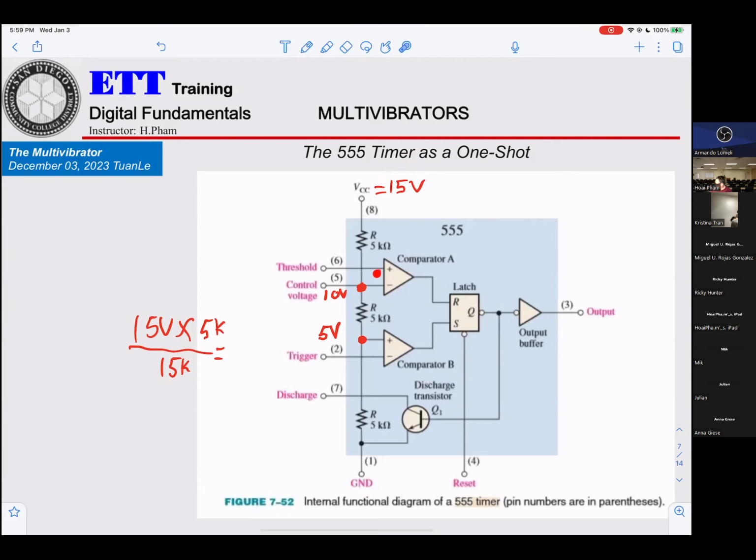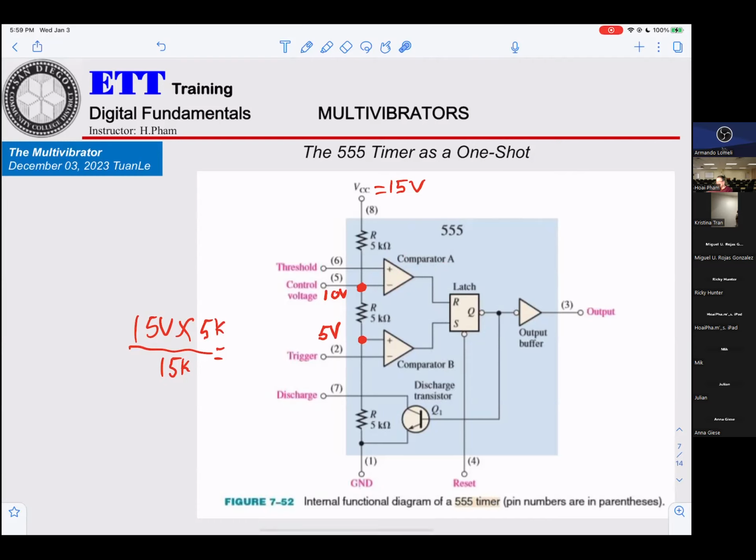What is the name of this circuit? If you're looking at that one, what is it? That's what we call a comparator.